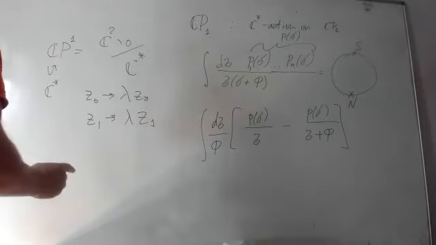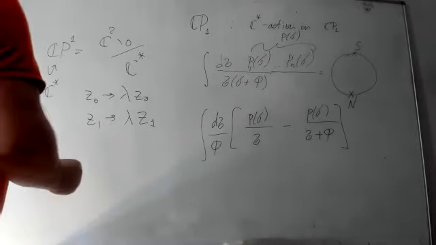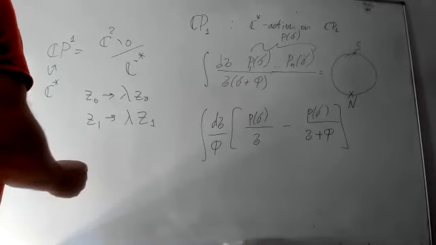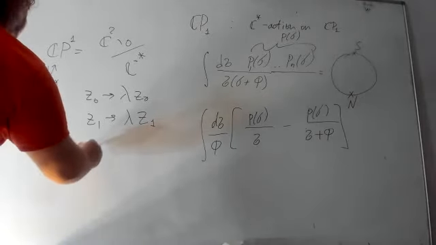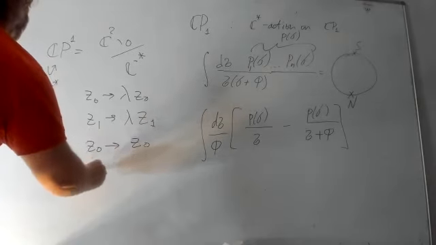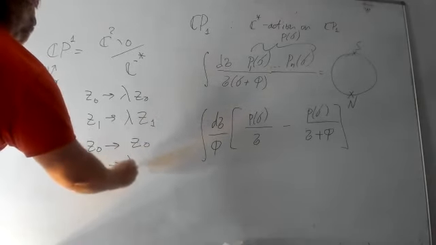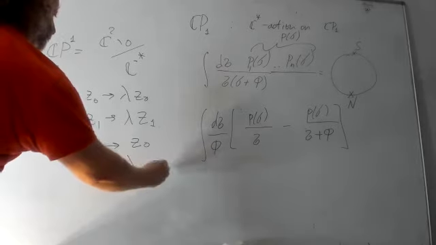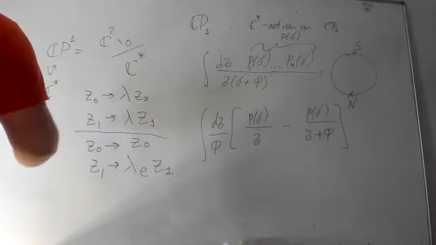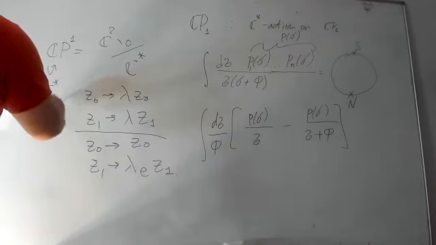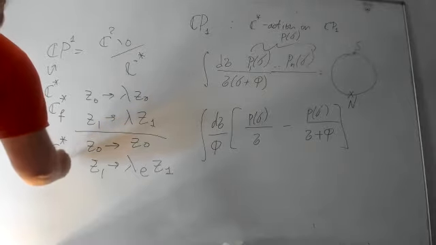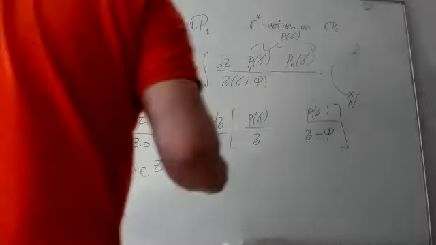The second action I can take as follows: Z0 is not changing, Z1 goes to lambda equivariant Z1. This I call C star factorization, and this I call C star equivariant. Okay?